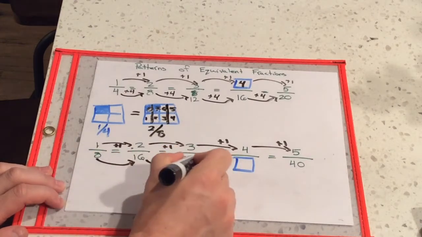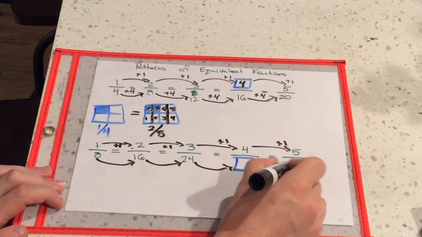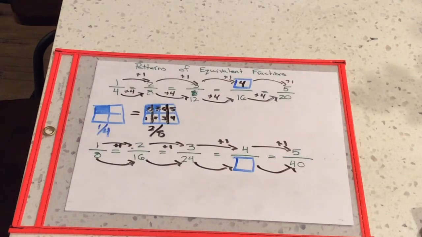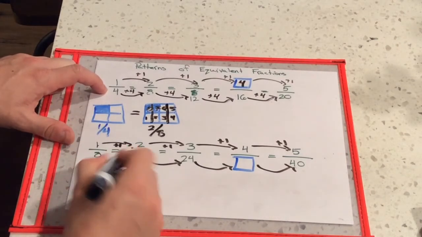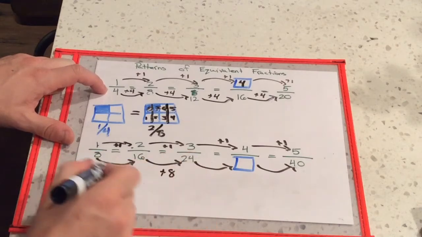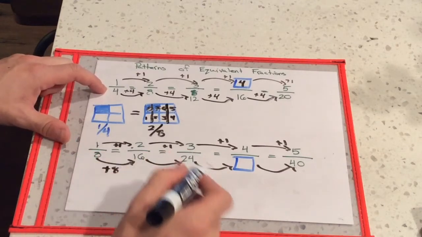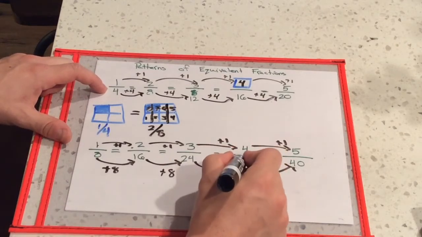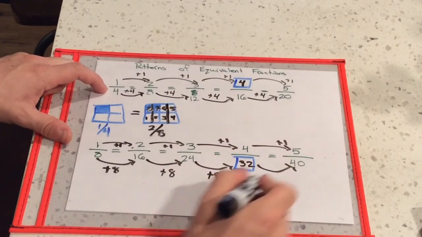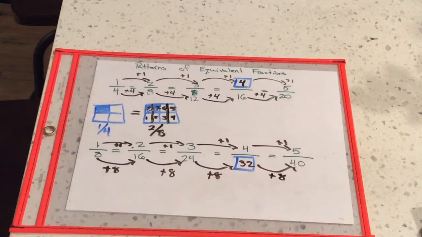But I'm noticing our denominator here is not increasing by 4 like we did in our first example. This time it's increasing by 8. 8 plus 8 is 16. 16 plus 8 is 24. 24 plus 8 is 32. And 32 plus 8 is 40.